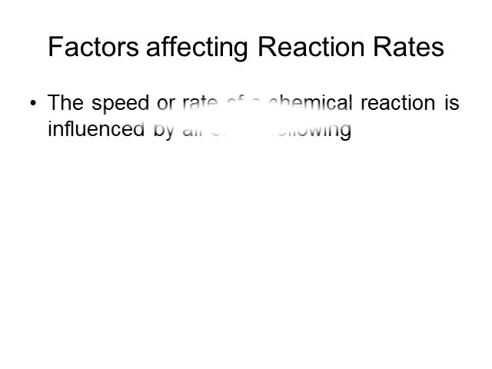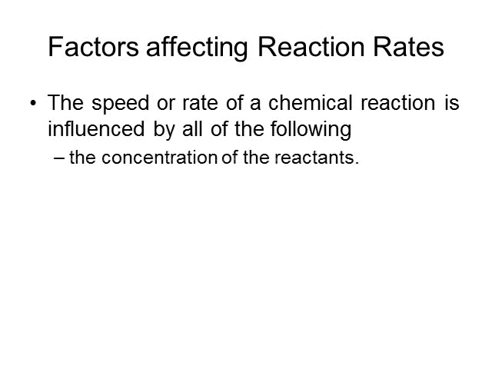Now, affecting reaction rates, there are several things that will control how fast a reaction proceeds. Among these, first of all, is the concentration of the reactants. In order for a reaction to occur between chemicals, those two molecules have to contact each other. They have to come in contact somehow.